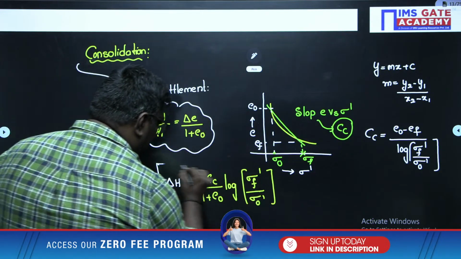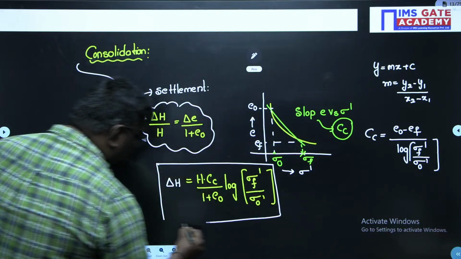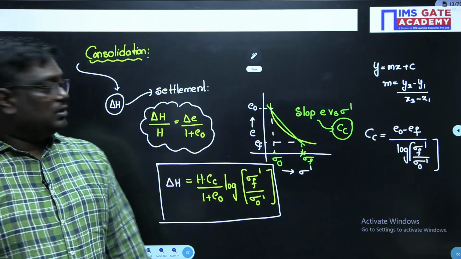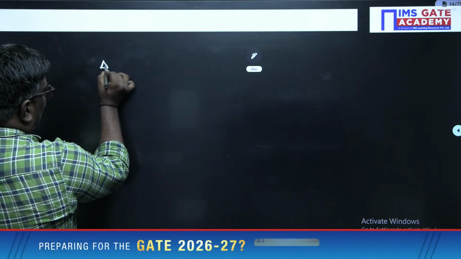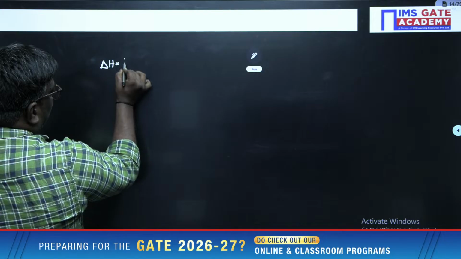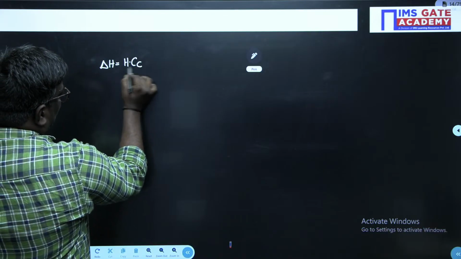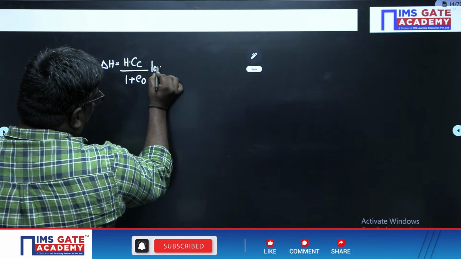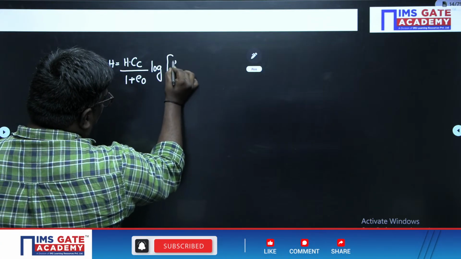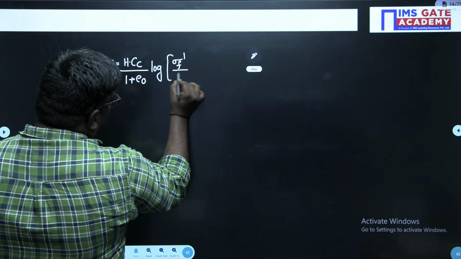This is the formula for what, sir? The effective stress. So here, in this problem I have to tell you all the parameters: H into Cc upon 1 plus E naught into log of sigma final upon sigma initial.